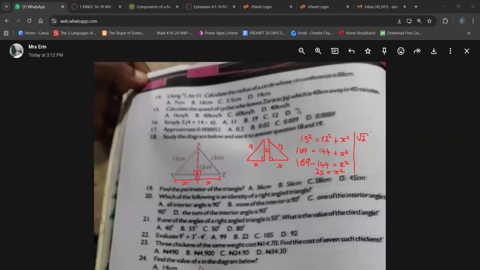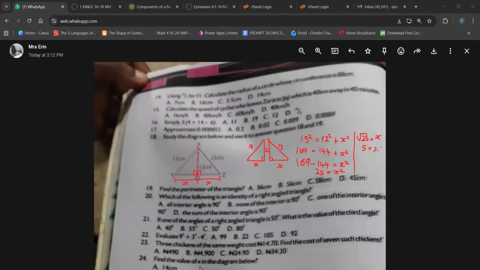How many times will I correct you people on this thing? Take square root of both sides. So square root of 25 is what? 5. Can you see that whenever I write square root, I am no more writing square on x?